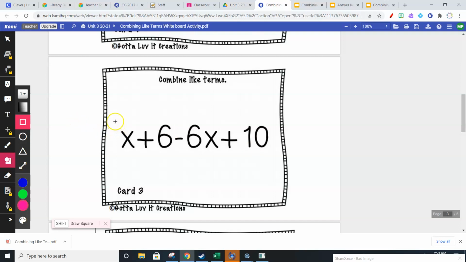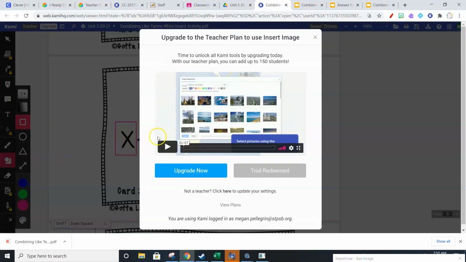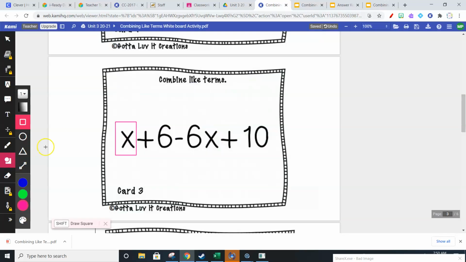So I'm going to box in my x, and it stops at the plus sign. Remember, terms are separated by addition and subtraction signs. So I'm going to change to blue for my plus 6. It doesn't have an x behind it, so it is not like the x.